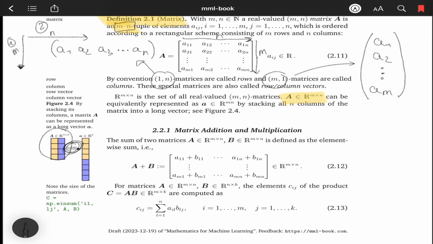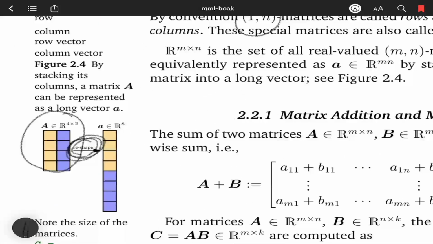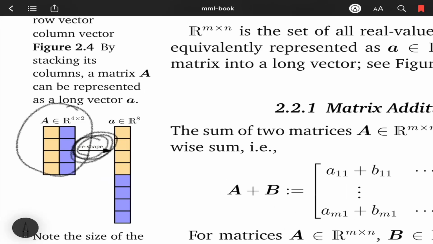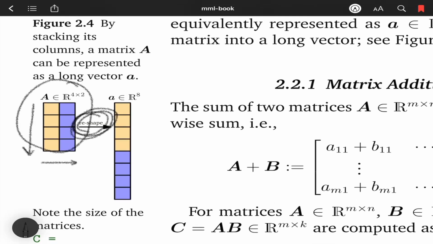Sometimes it works, sometimes you have to reshape it, and then it works. So what they're saying is everything is basically a vector, like an array. So we have a matrix 4 deep and 2 wide, and 4 times 2 is equal to 8. So this is the same as just having an array which is 8 deep.